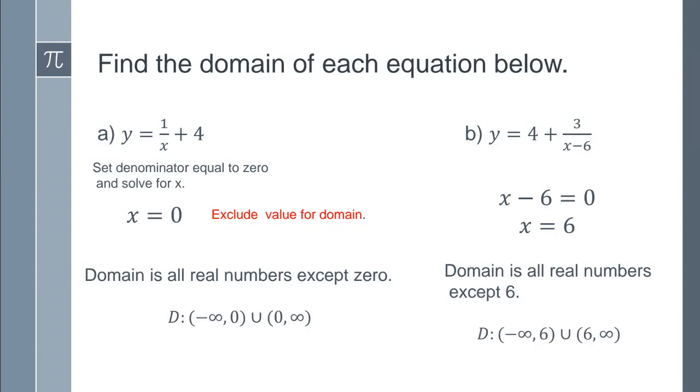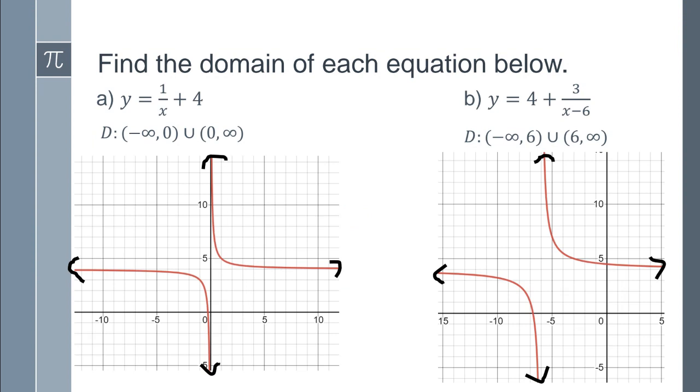All right, very good. So again, if we were to graph these two examples, on this first one, at 0, our graph does not touch or cross this value 0 because again, it is undefined, right? Thank you, Ed.